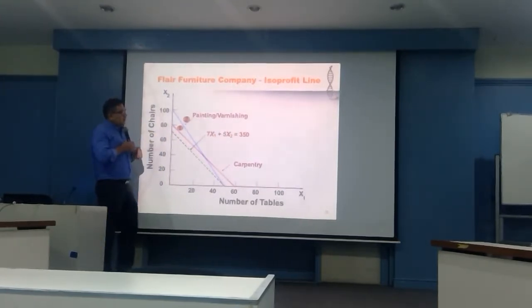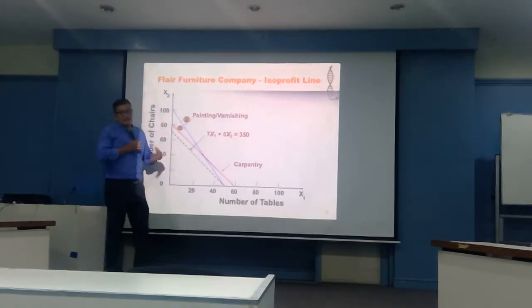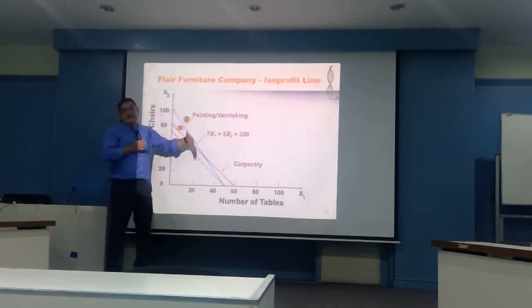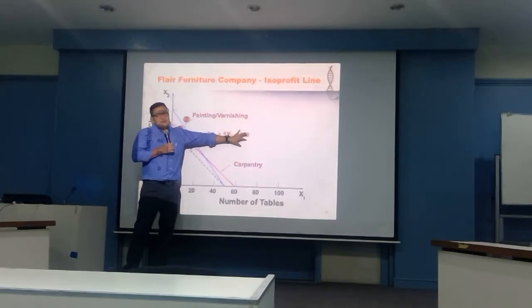So if you assume any value that is not 350, you're going to have another line that we call isopic as well. So in conclusion, isopic can have a million lines. It depends on the value you assume to substitute into the objective function.